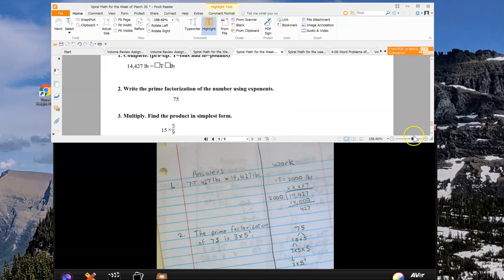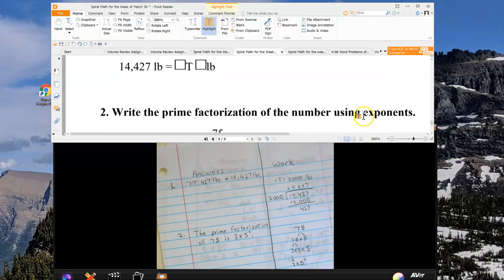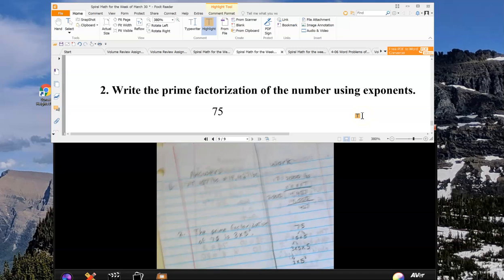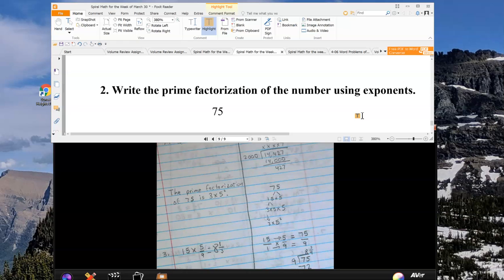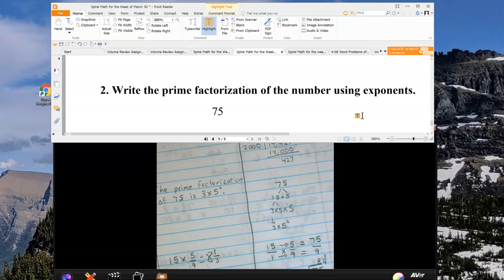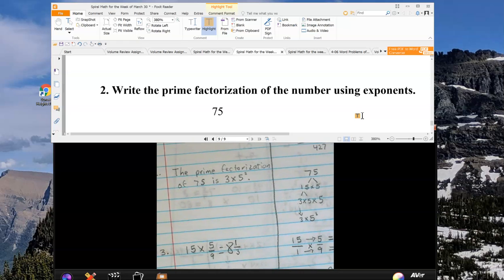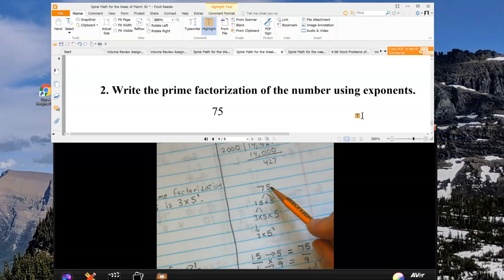For number 2, I'm going to be writing the prime factorization using exponents. The number I'm going to be working with is 75. Over here, I've already done the factorization to find the prime factors. I took 75 and wrote 15 times 5 as my factors. Then I broke down 15 to get 3 times 5.